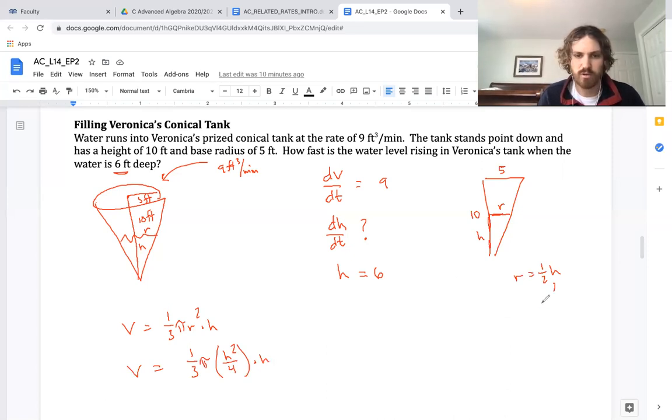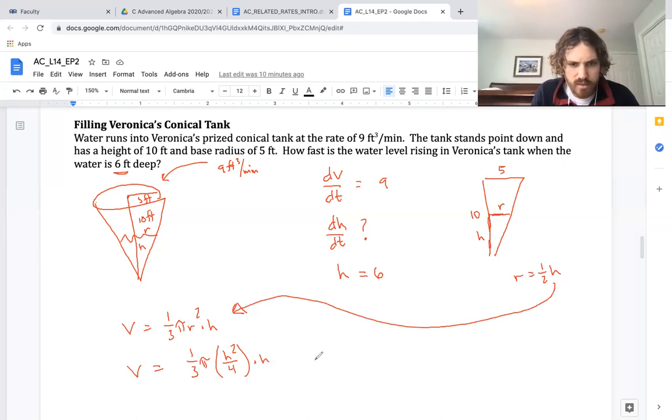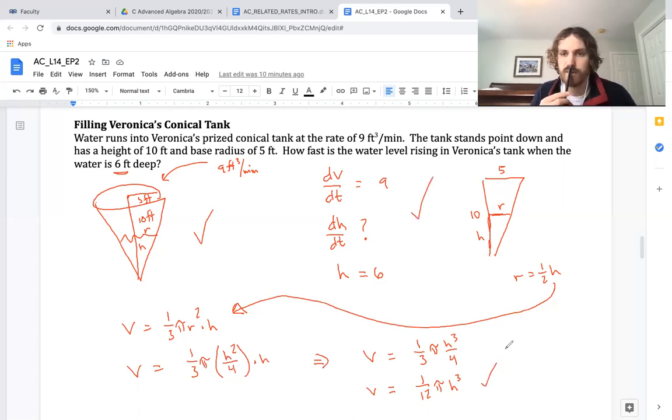We basically took this 1/2 H and plugged it in for R. So that gives us the equation V equals 1/3 pi times H cubed over 4, or V equals 1/12 pi times H cubed. That's great. So we have a nice picture that helped us out. We've got some information. We've written an equation that just relates the two variables, which is really helpful instead of having that additional R.